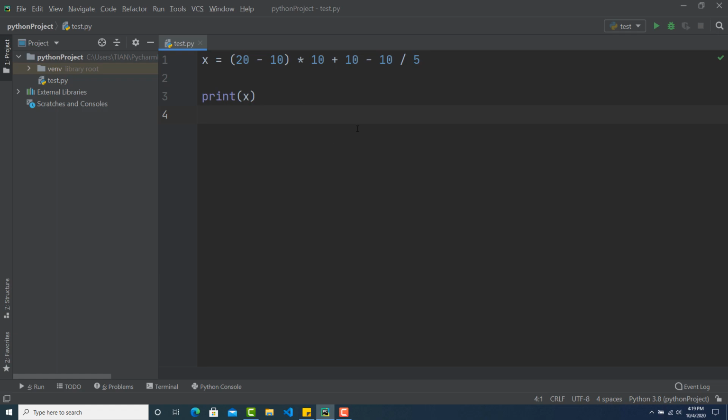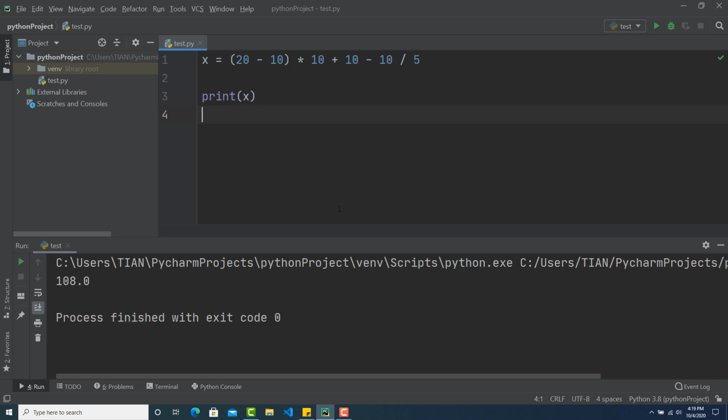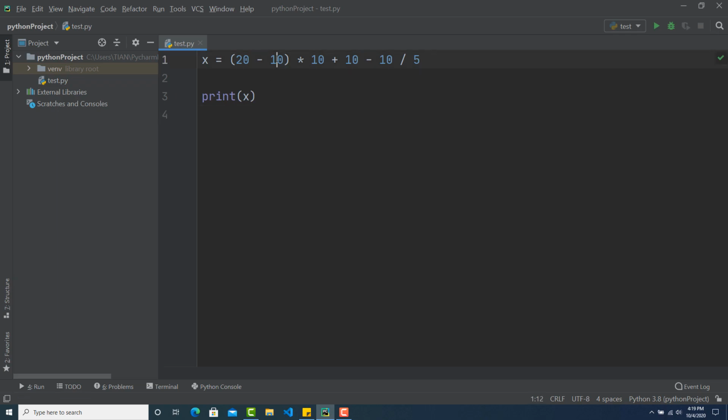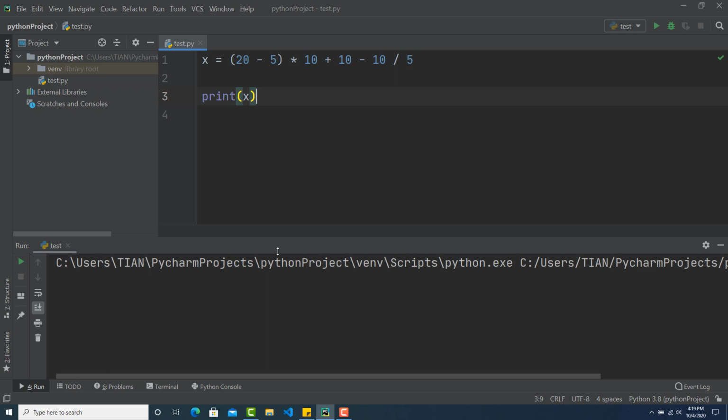So what do you think will happen? This will actually give the same result, because 20 minus 10 is 10, and it will eventually give the result of 108. If you don't believe me, here's 108. But suppose we have something different over here, like 20 minus 5, which is 15. So the result will change, and now you can see we have 158.